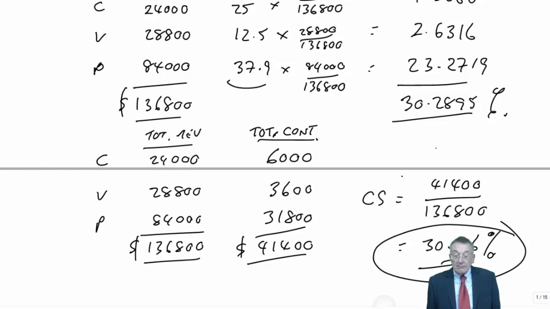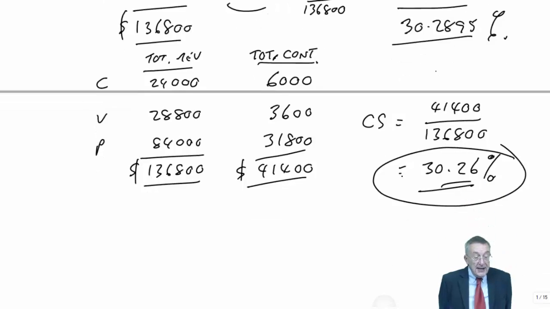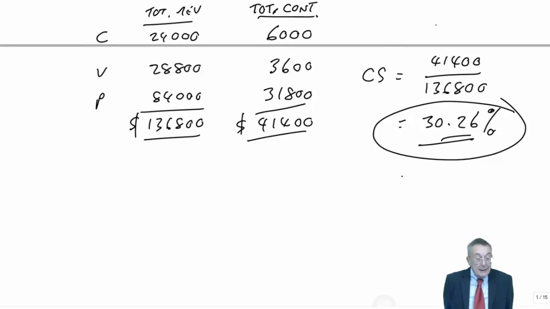Having said that, look at C, which now should be very easy. It says calculate the break-even revenue, assuming that the mix remains unchanged. So if the mix remains unchanged, the CS ratio will be unchanged at 30.26% overall.